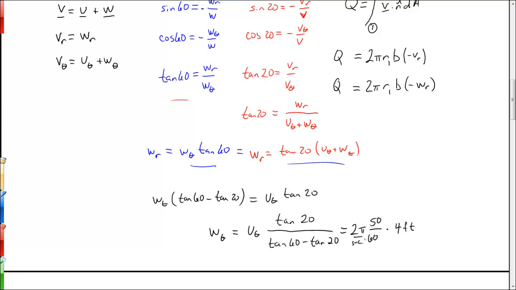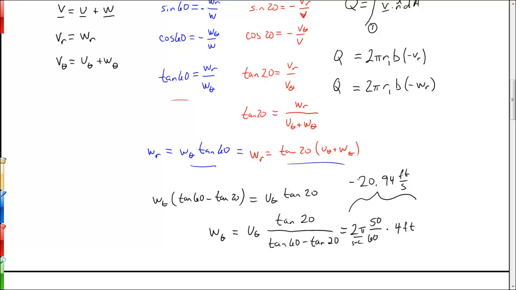So that's U theta, which for future reference is going to be 2 pi times 50 divided by 60 times 4, and that's going to be 20.94 feet per second. Except that it's going to the right, in the negative theta hat direction, so we get a minus sign there.